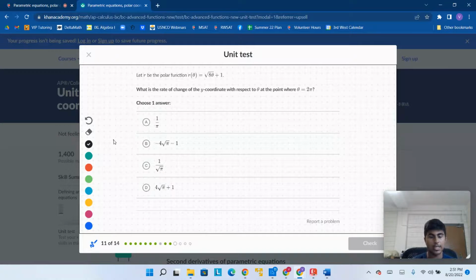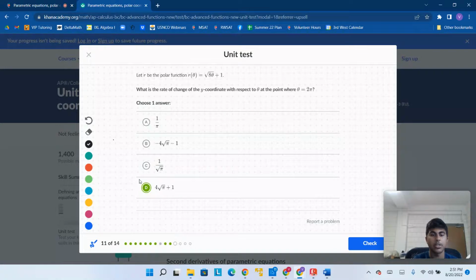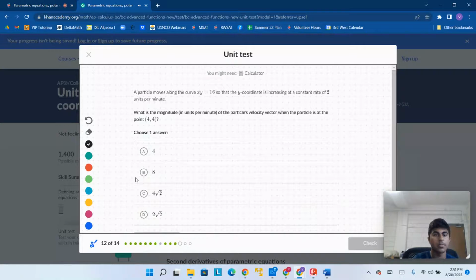All right, and what does that give us as our answer? It gives us 4 times the square root of pi plus 1. So that is our rate of change, and we can keep going.